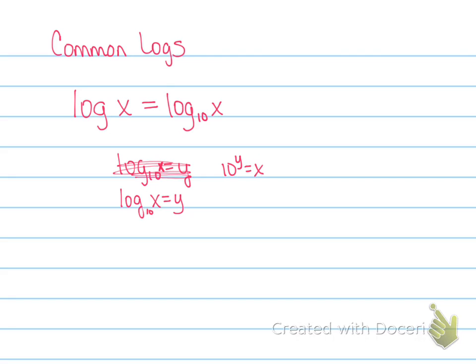Alright, very similar to it is our natural logarithms. Natural logs are just a logarithm with a base e, and it's denoted by the natural log of x. So if it's log base e of x, we actually write that as ln of x, meaning the natural log of x.